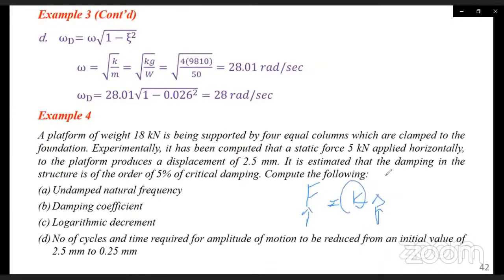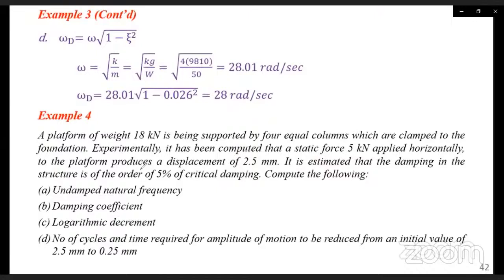Now it's estimated that the damping in the structure is of the order of 5% of critical damping, so that is the damping ratio. You are required to determine the undamped natural frequency, damping coefficient, logarithmic decrement, and how many cycles and how much time we need to reduce our motion from 2.5 millimeters to 0.25 millimeter.